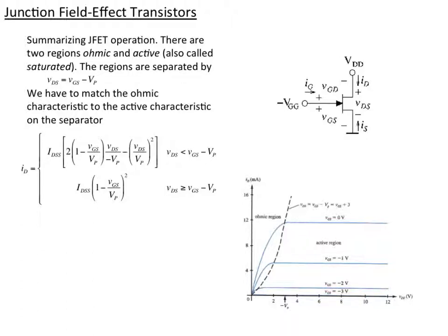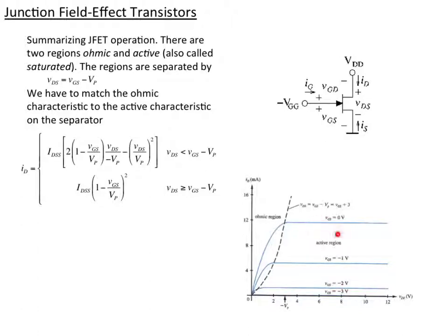In other words, it's constant with respect to VDS. No matter what this voltage difference is, we get a constant current. And that is given by the current when VGS equals 0, IDSS, and goes down as we make VGS more negative in this form.